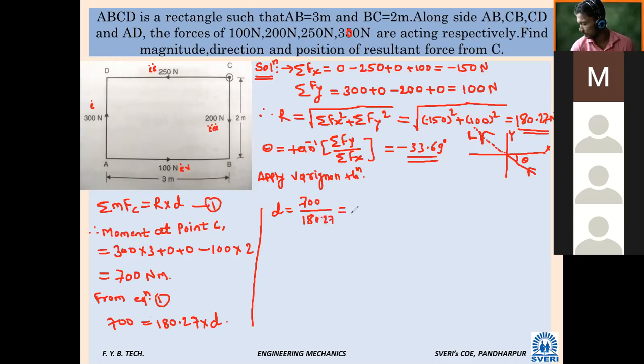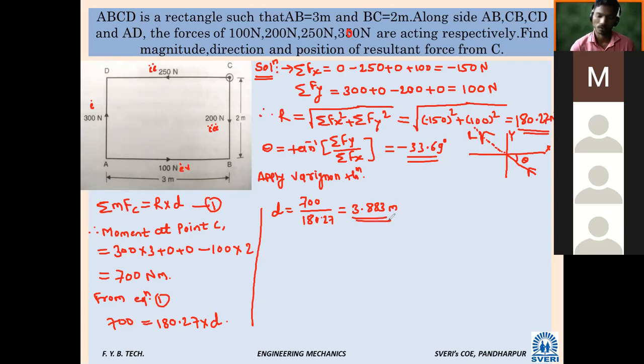Calculate what is D. 3.883. Very good. Meter. So this will be one of the answers.